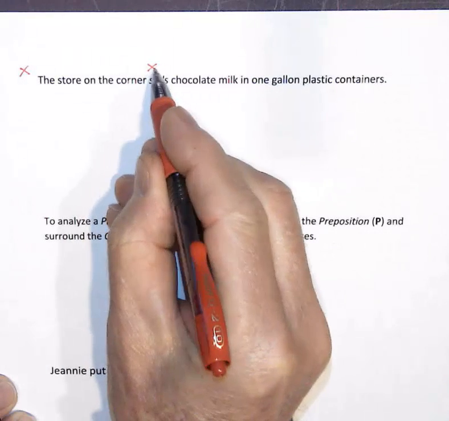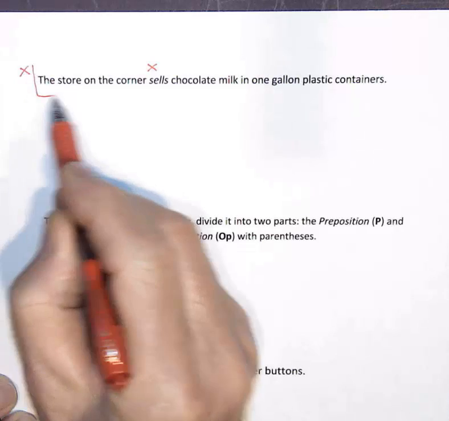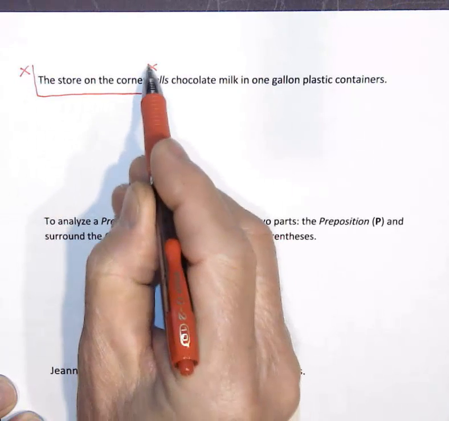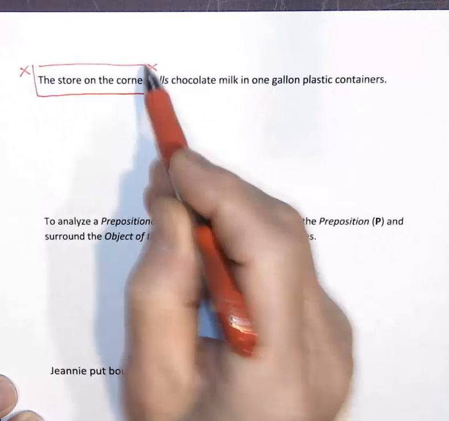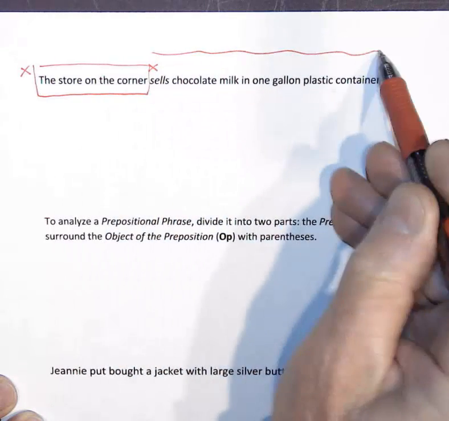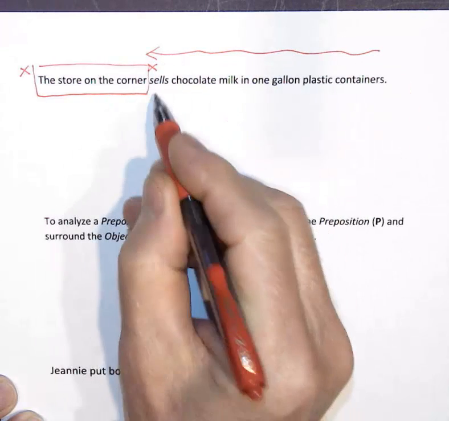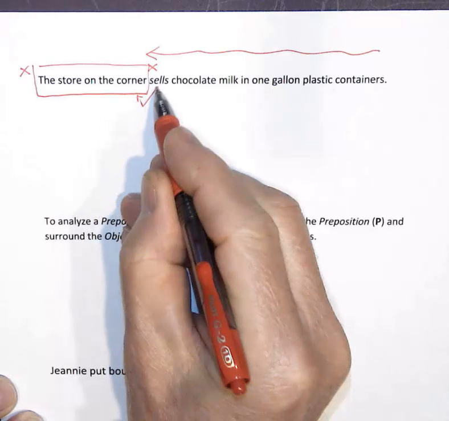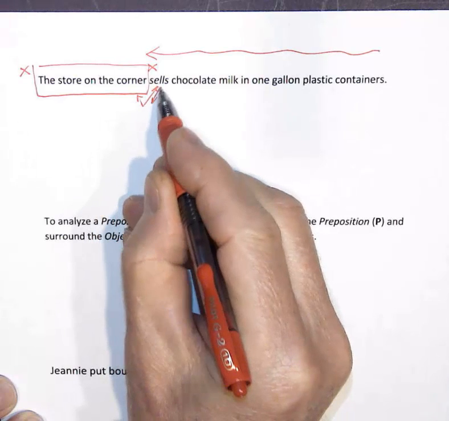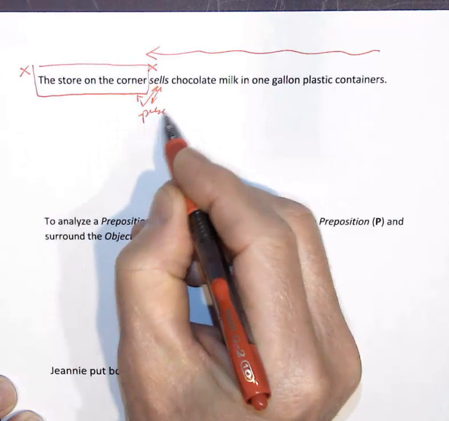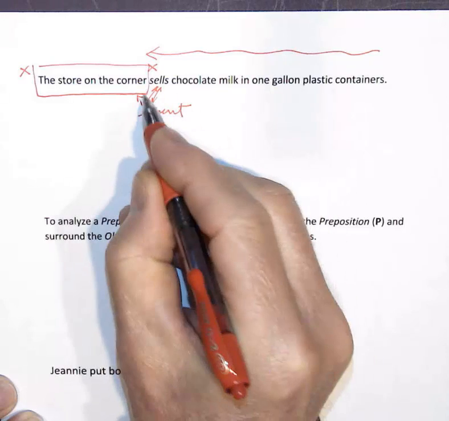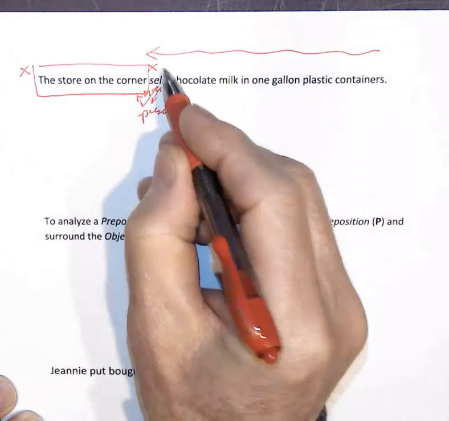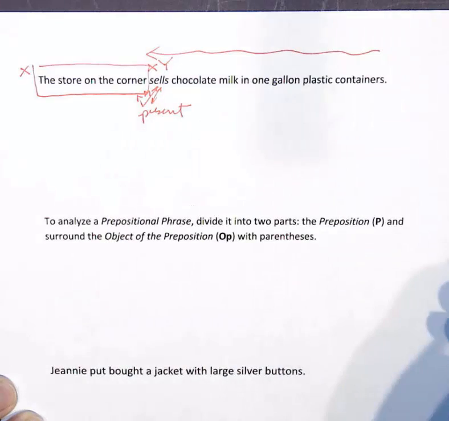The store on the corner does not sell, and so I have my subject. There is no shifter. Sells ties with the present. The M place is empty, and sells chocolate milk in 1-gallon containers is Y.